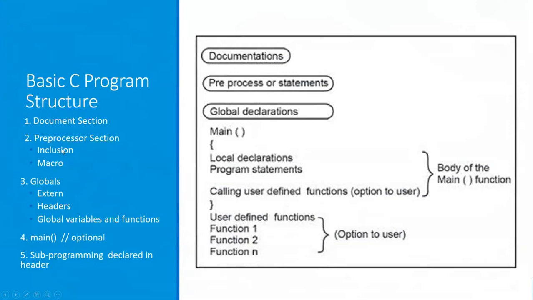Then you have a global definition, external header, and the global variable and function put in there, and then the main function, and then the sub function behind it. But if you put a sub function after the main, then you need to have the prototype either in a header file. That would be easier, or you can put it somewhere else.